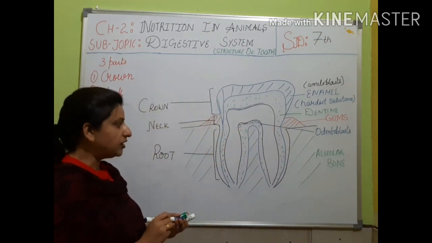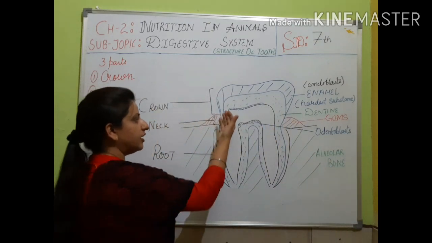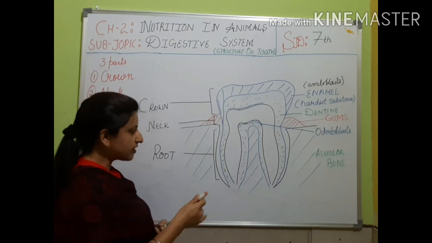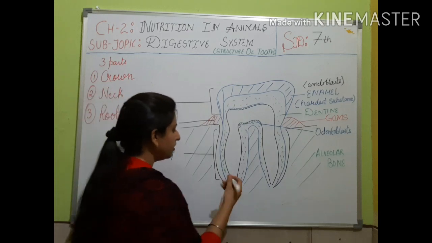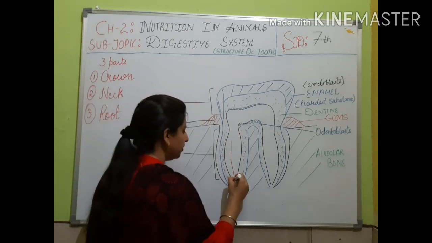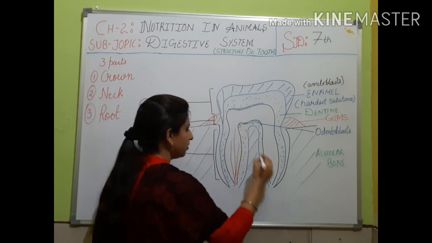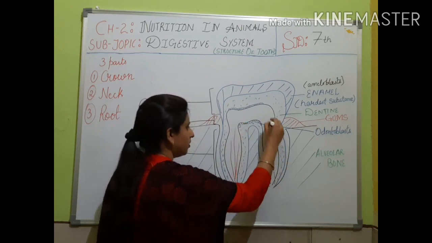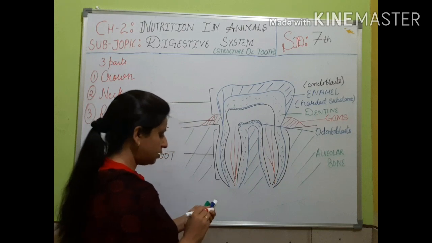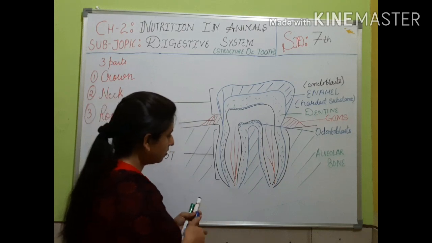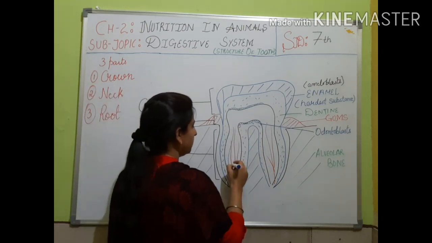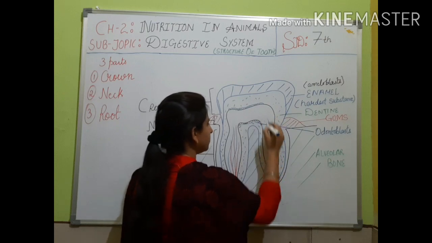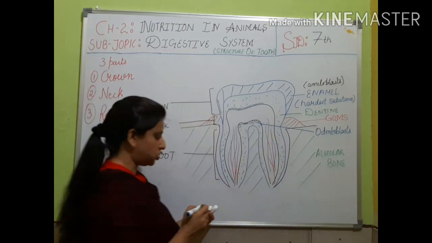One more cavity is there beneath the dentine, and this cavity has a supply of blood vessels and nerves. It also consists of tissue.